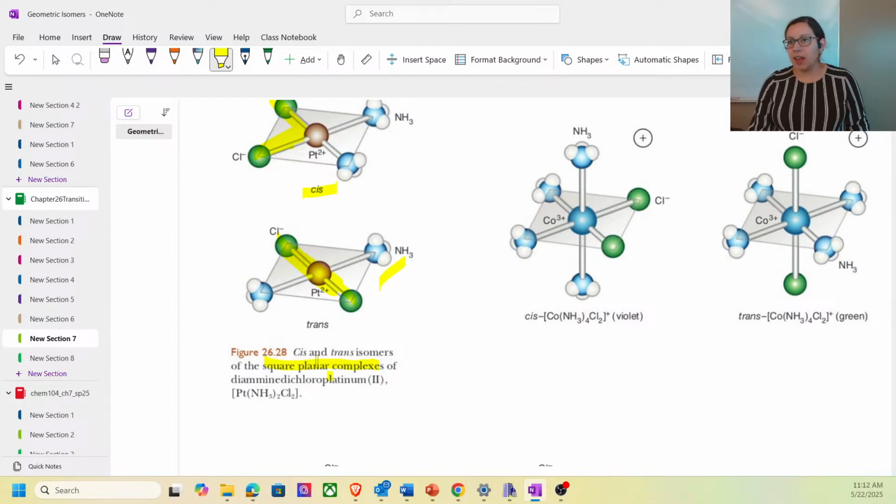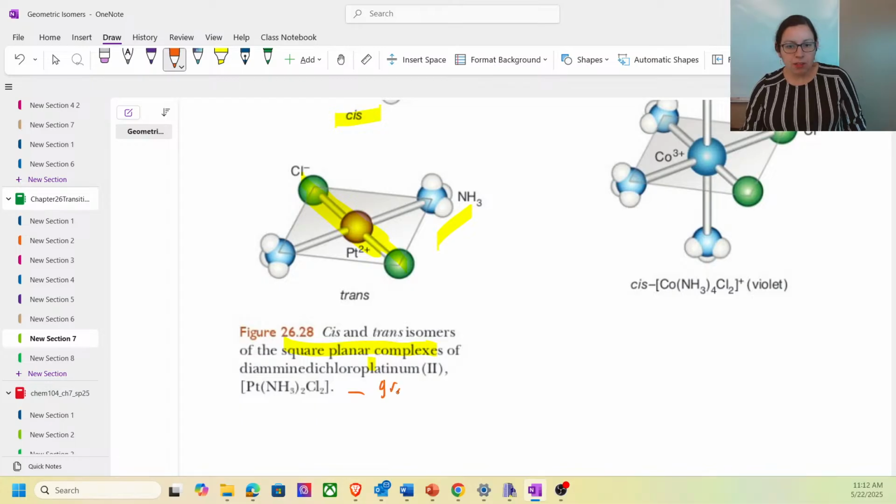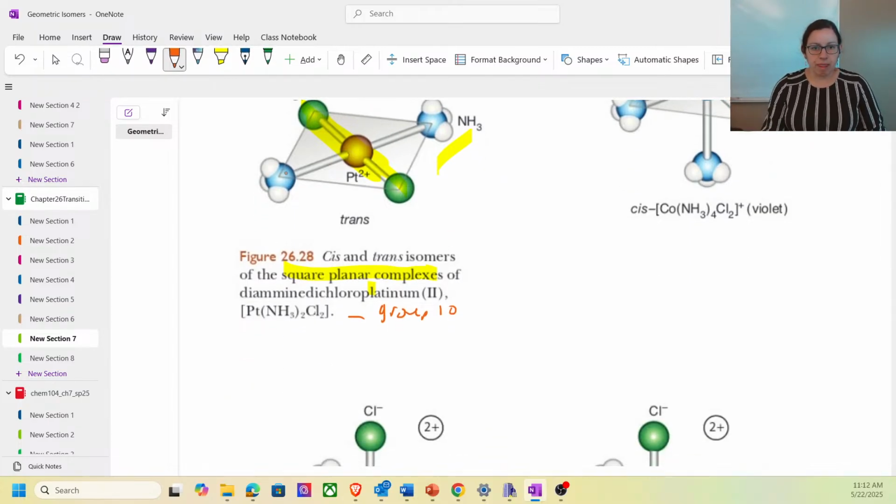But that's actually a common thing that happens. Notice this is our workhorse, group 10. These are typically good catalysts by themselves.